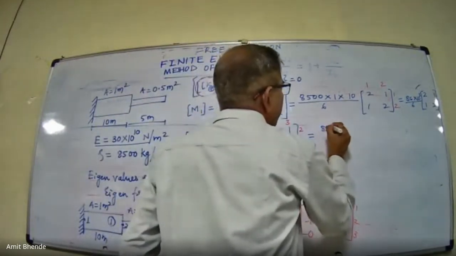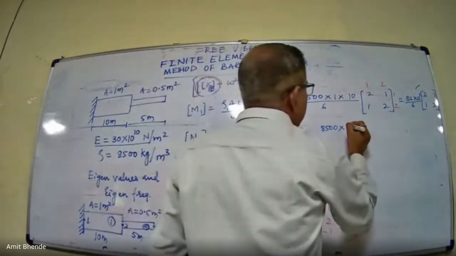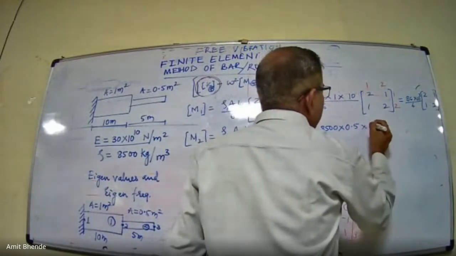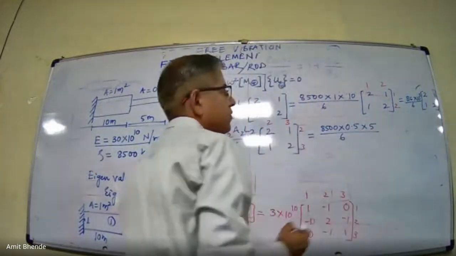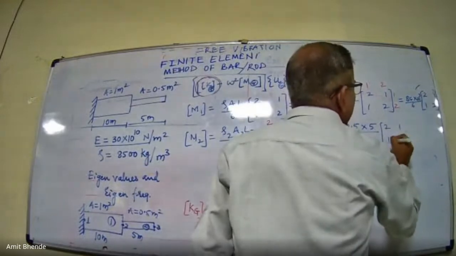So here 8500, area is 0.5, length is 5, divided by 6, 2112.